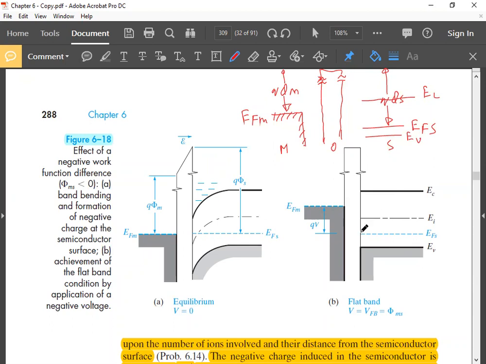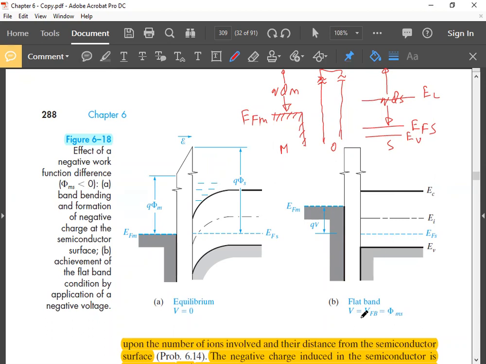Depletion will occur, sorry, depletion. You increase this additional voltage, EI will go below EF, inversion. So everything else is similar to the ideal case. The only difference is that at the beginning you have to make the bands flat by applying this flat band voltage.